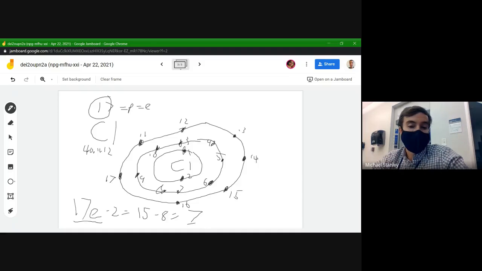So this is what an electron diagram of chlorine would look like. We've got 2 electrons on the first shell, 8 electrons on the second shell, and 7 electrons left over that go on our third shell.